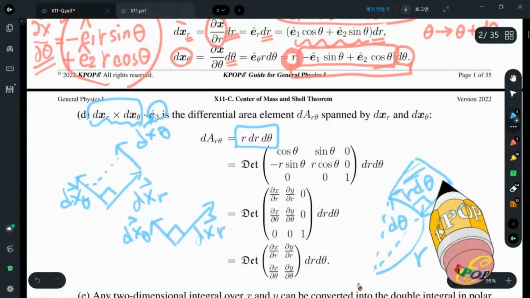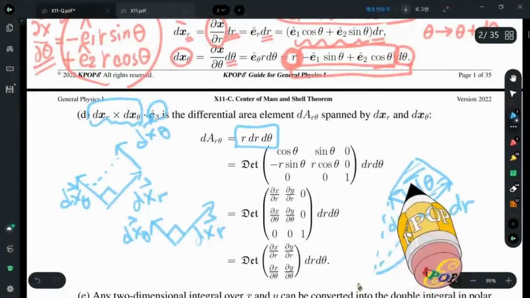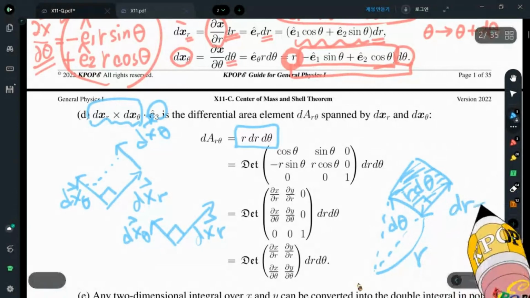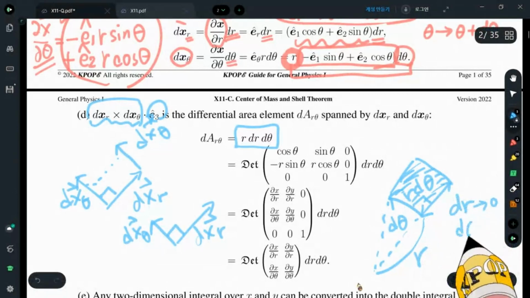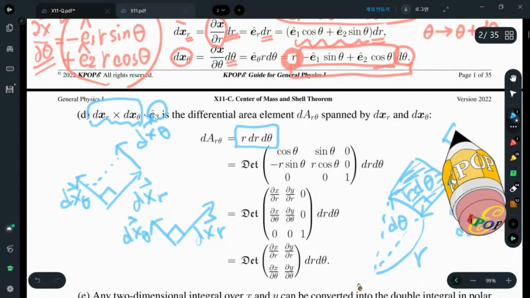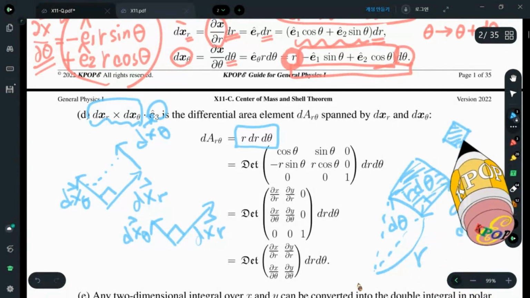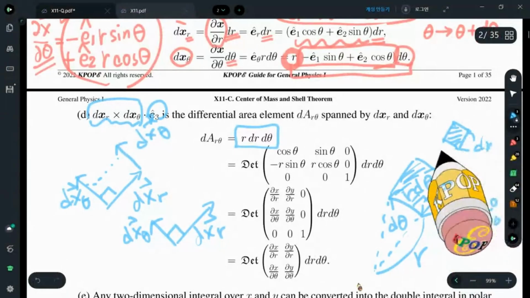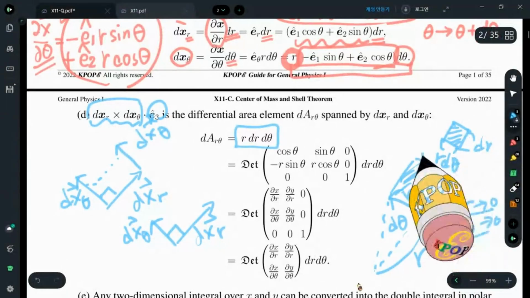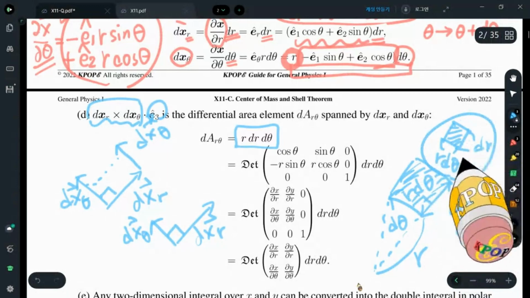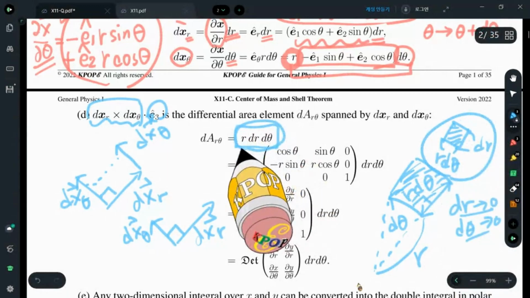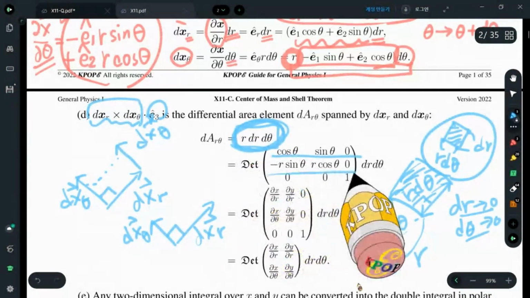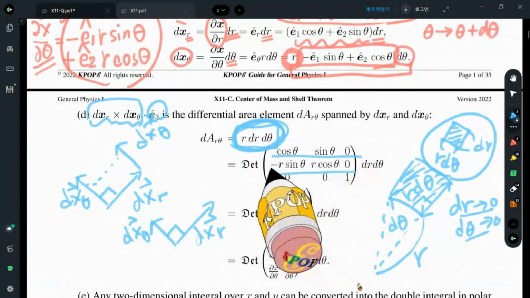So this rectangle, actually it is a curved area. However, in the limit dr goes to 0 and d theta goes to 0, it becomes an exact rectangle in these limits. And this is dr, and this is r d theta. Therefore, the area is r dr d theta. Okay? This area can be expressed as these two. What is that?